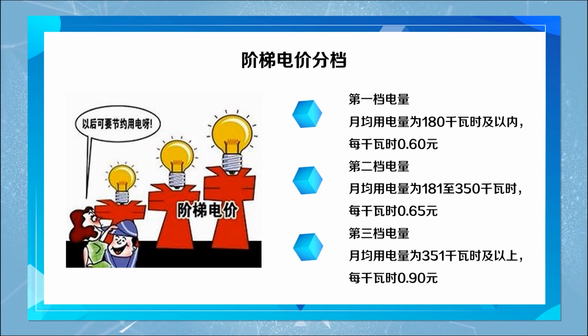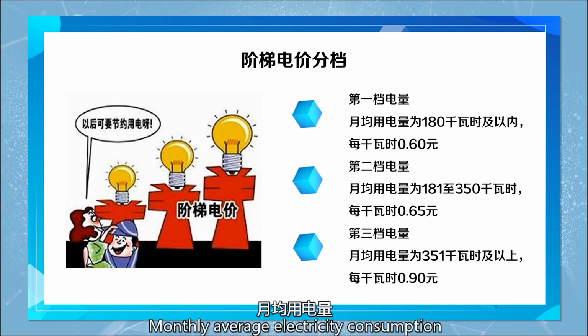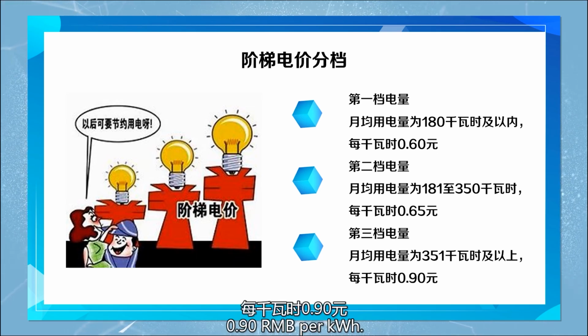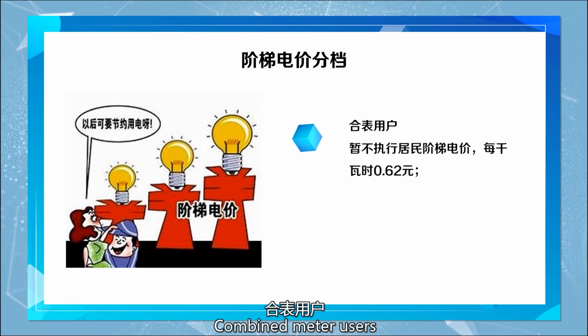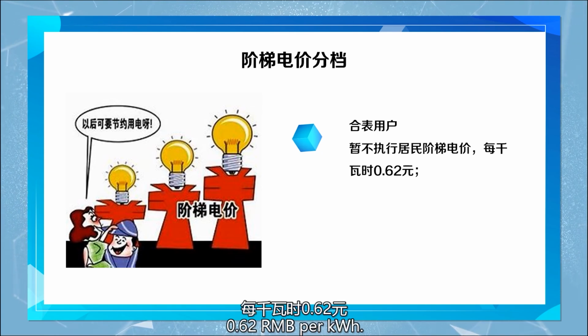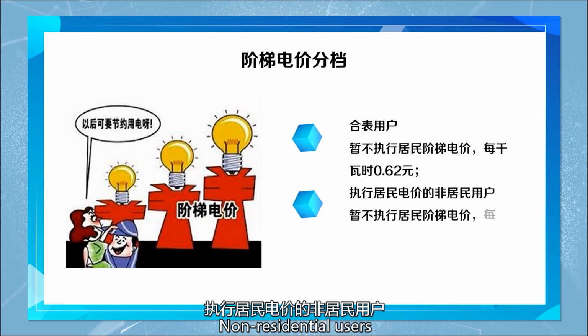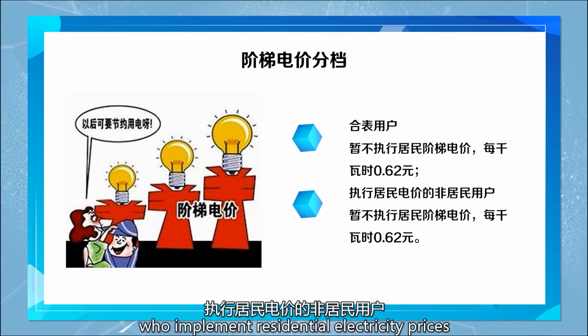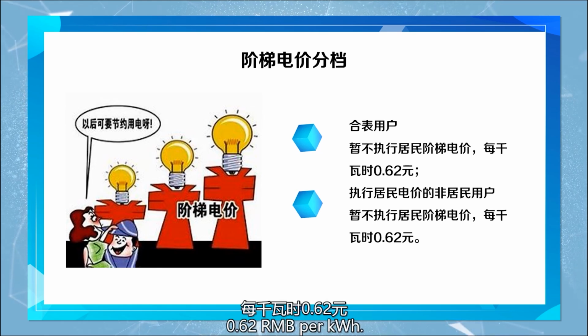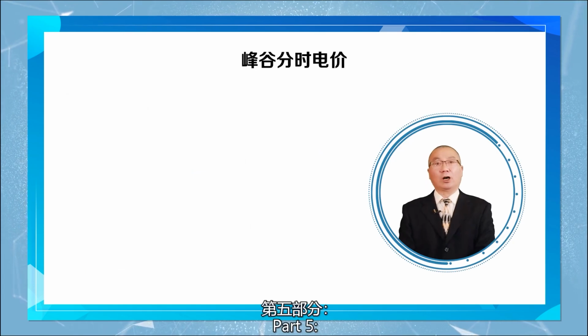The third tier, monthly average electricity consumption is 351 kWh or more, 0.90 RMB per kWh. Combined meter users do not implement the residential tiered electricity price for now, 0.62 RMB per kWh. Non-residential users who implement residential electricity prices do not implement the residential tiered electricity price for now, 0.62 RMB per kWh.